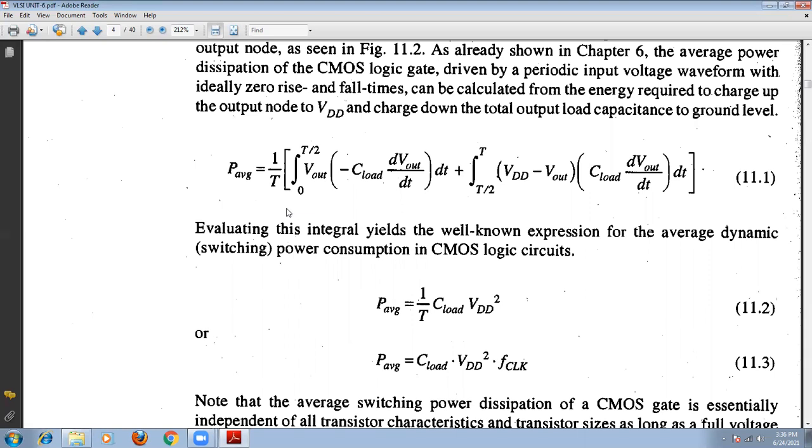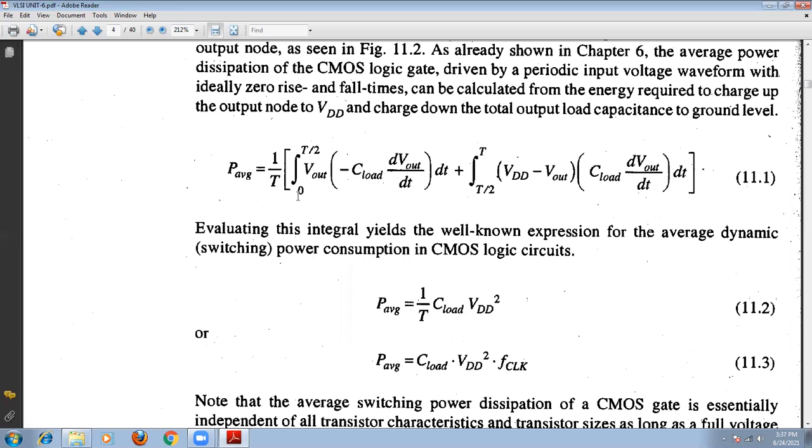In one cycle, we have two conditions: from 0 to T by 2 we have one level, and from T by 2 to T another level. So during one full cycle we have high and low.